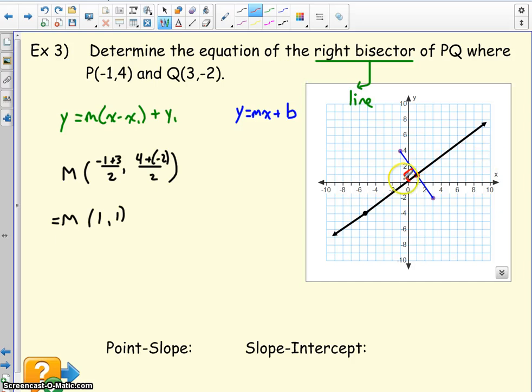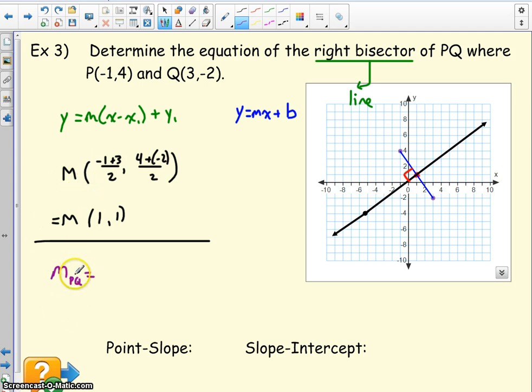Well, we know it's perpendicular to the line segment I already have, and hopefully from grade 9 you remember how slopes of perpendicular lines are related to each other. Let's say I know the slope of this line segment right here. Our slope should be the negative reciprocal of that one because they're perpendicular. So I'm going to find the slope of our existing line segment PQ first. Don't be confused between big M and little m.